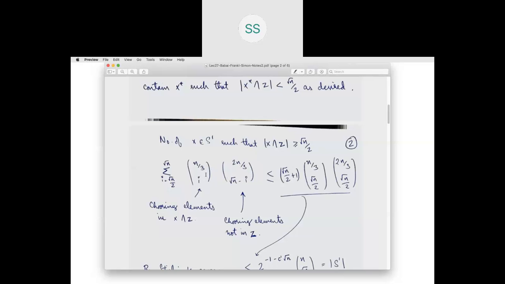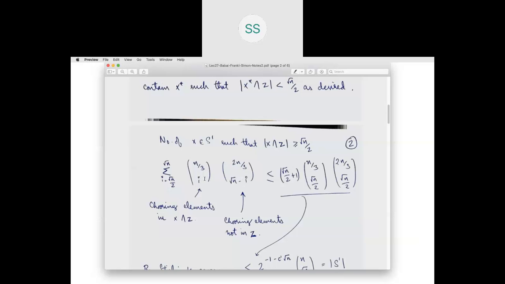Now you can easily see that I runs from square root n by 2 to square root n. When I increases, the first binomial coefficient becomes larger, but the second binomial coefficient becomes smaller, much smaller than the first becomes larger.